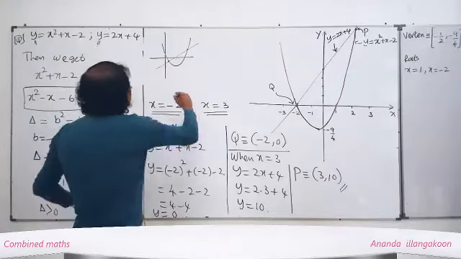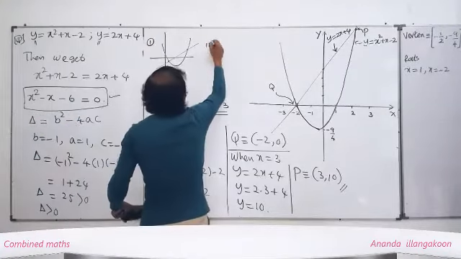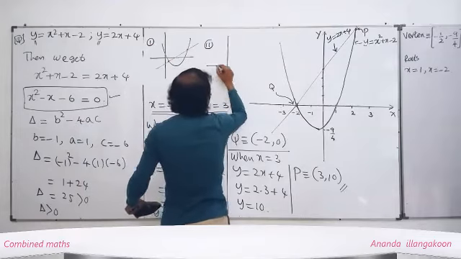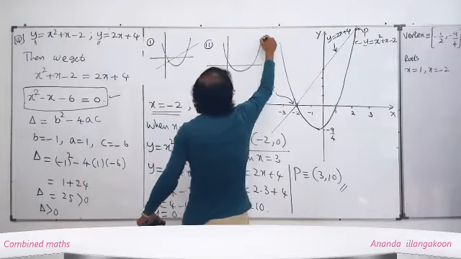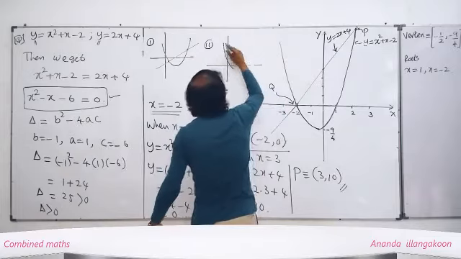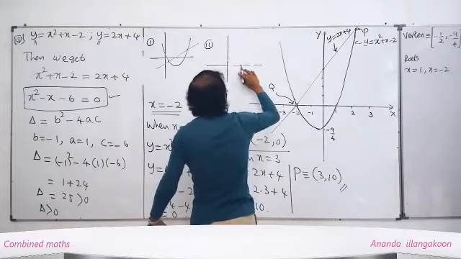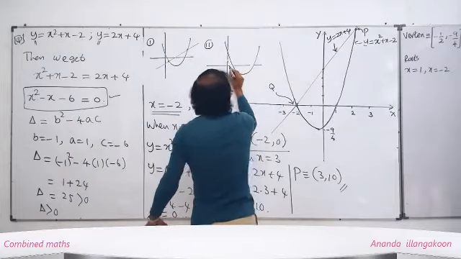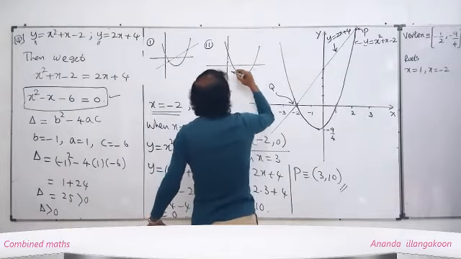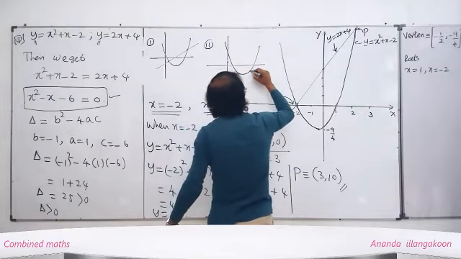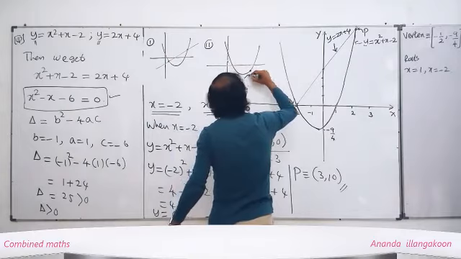The second possibility is that the line and the graph may touch each other like this, at a point like this.